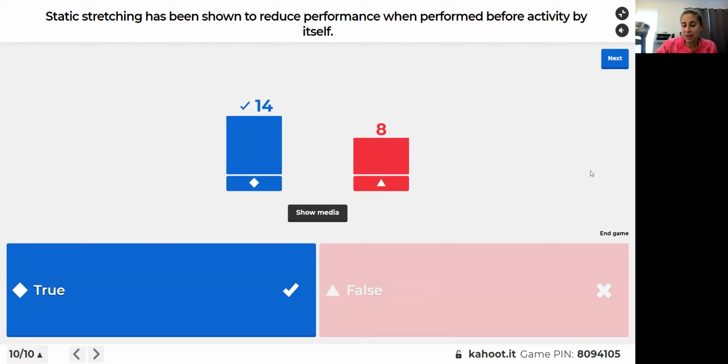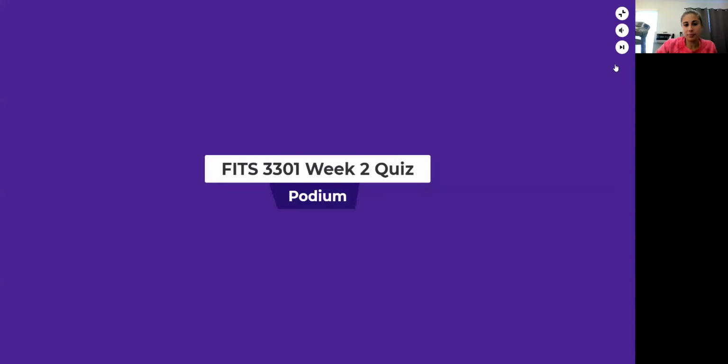By itself is the key word. So yes, it will decrease performance if you're only doing static stretching before your sport or exercise. So with dynamic, it's okay, but not by itself.